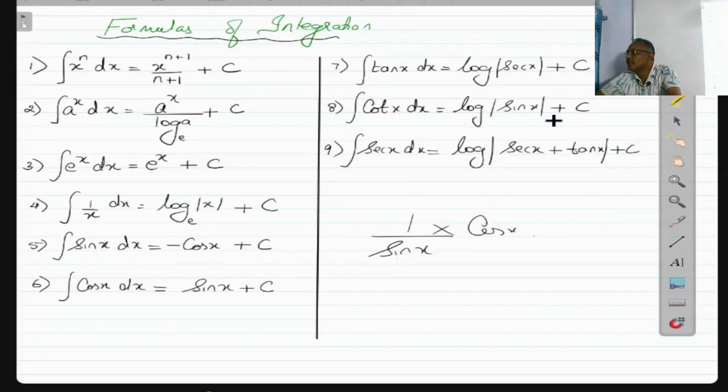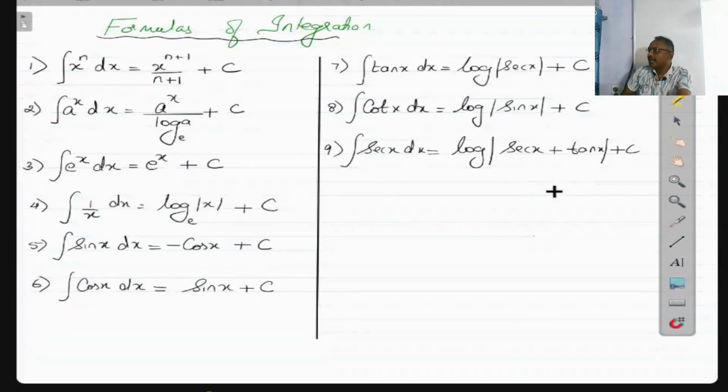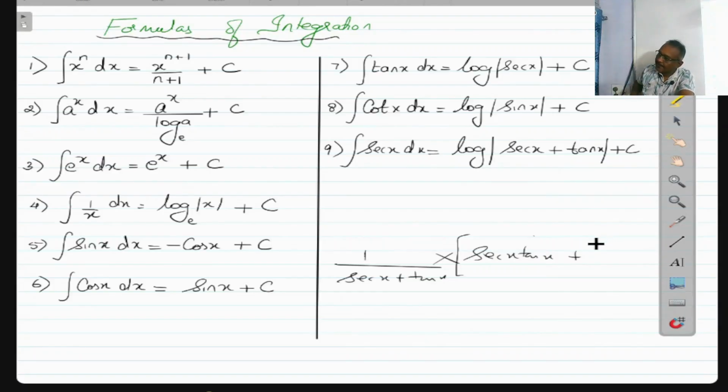Why is it such a big expression? Let's see, let's differentiate. What is the differential of log of sec x plus tan x? 1 by sec x plus tan x. Going inside, what is the differential of sec x? sec x tan x. What is the differential of tan x? sec square x. Anything coming out common from the numerator, sec x, what is left, tan plus sec.